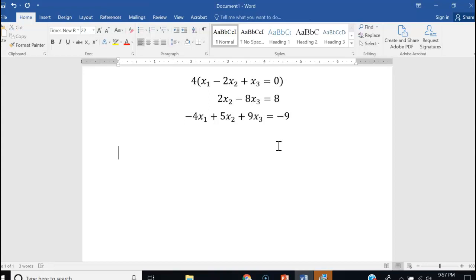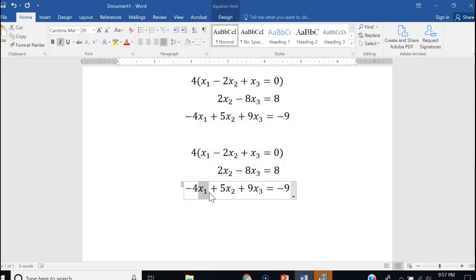Hopefully this becomes a little bit easier. So 4 times x1 minus 4x1 gives me 0 x1s. I'll delete that in just a second. 4 times -2 is -8 x2s.